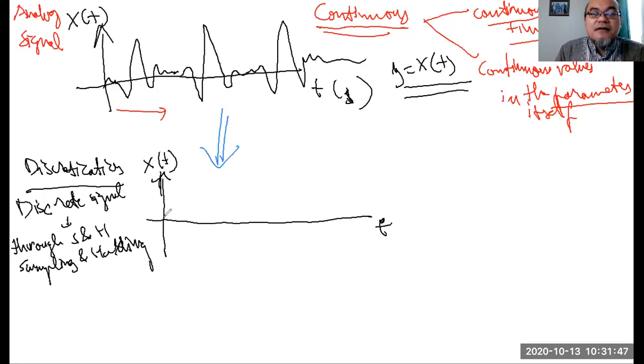Let's say the sampling period is T, so every nT it is sampled, where n equals 0, 1, 2, etc. 0 is 0 seconds. So here it is sampled, there, for example, here.